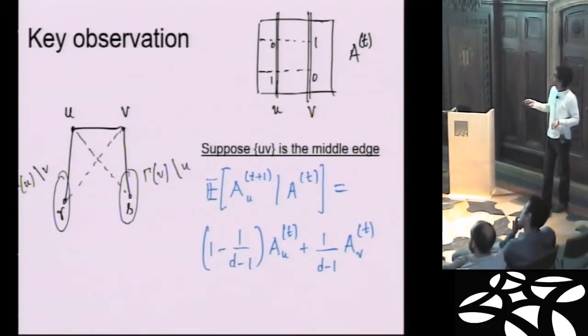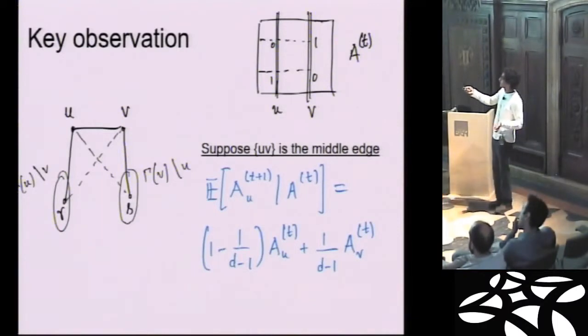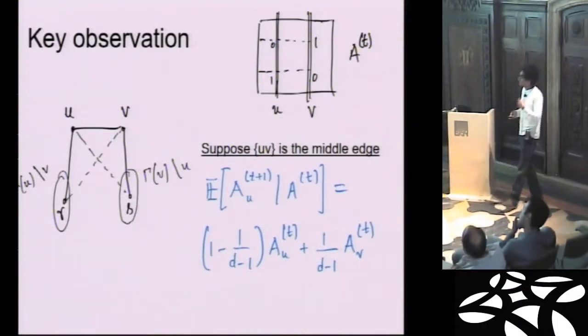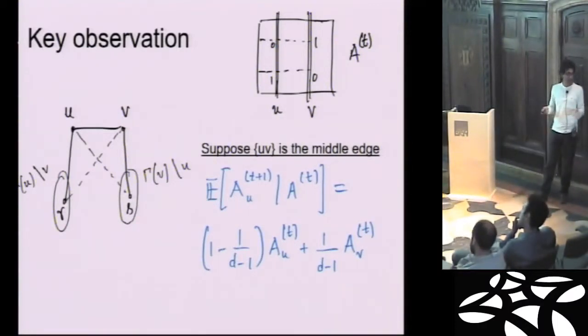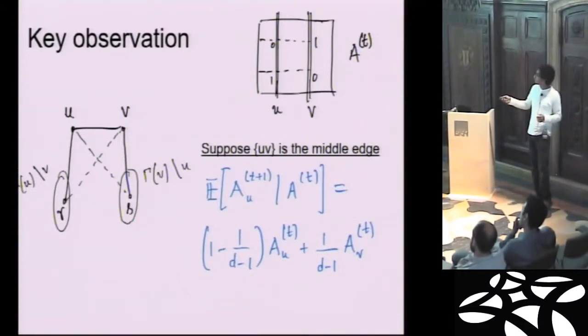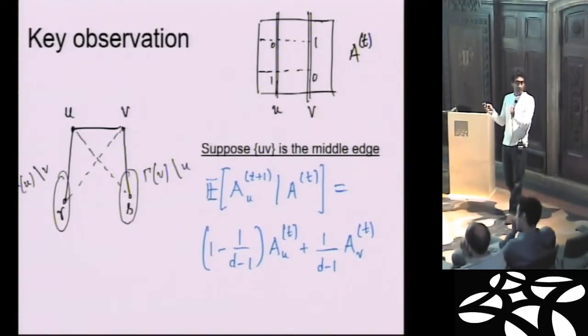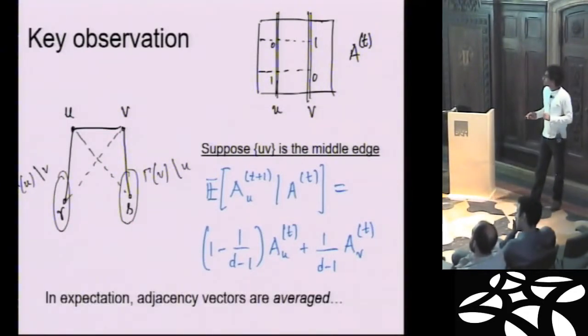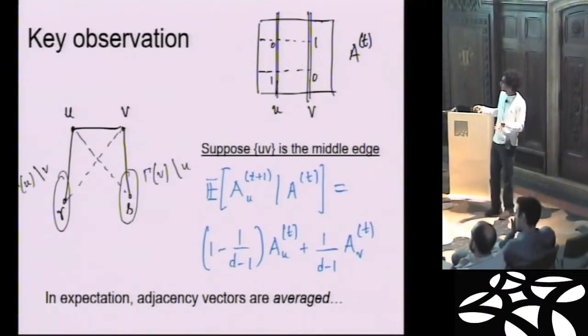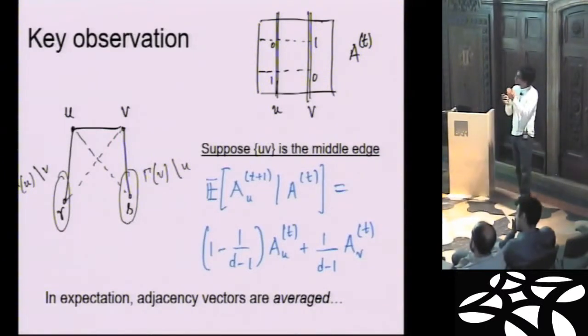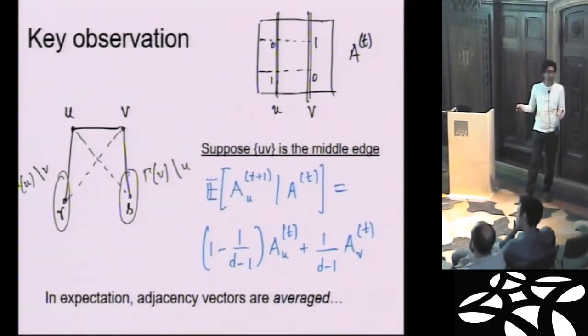So the column at time t plus 1, at least in expectation, is a clean average of the column at time t and the column for v at time t. In some sense, the adjacency vectors are basically getting averaged in expectation.